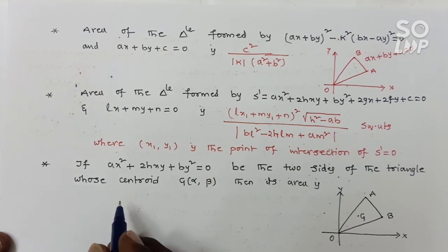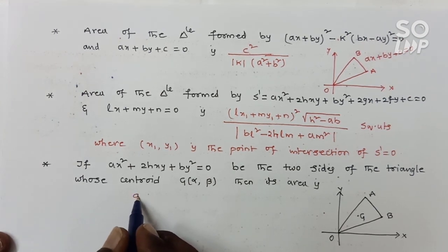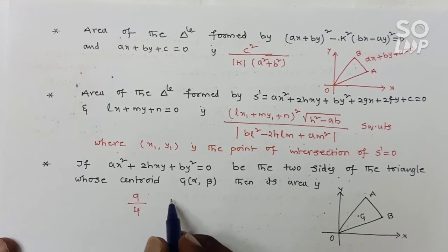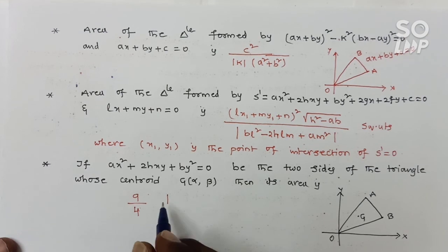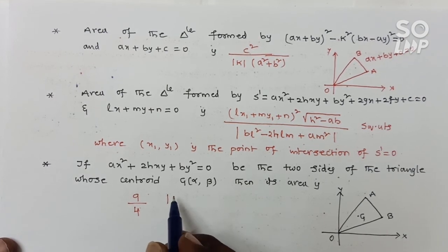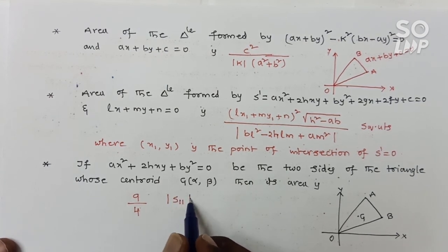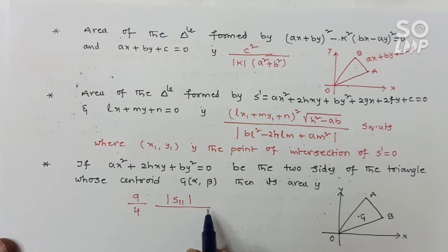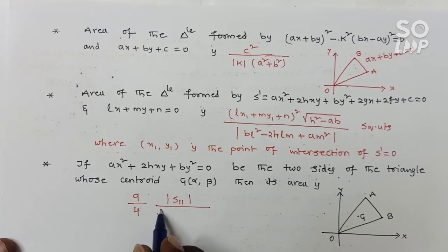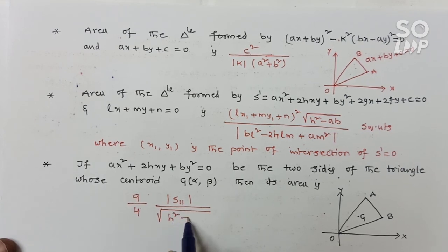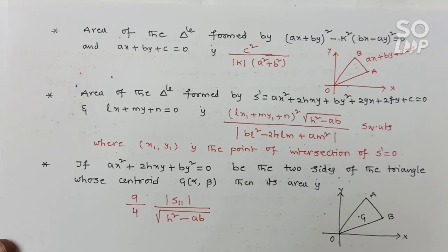That will be 9 by 4 into modulus of S11 whole divided by root of h square minus ab.